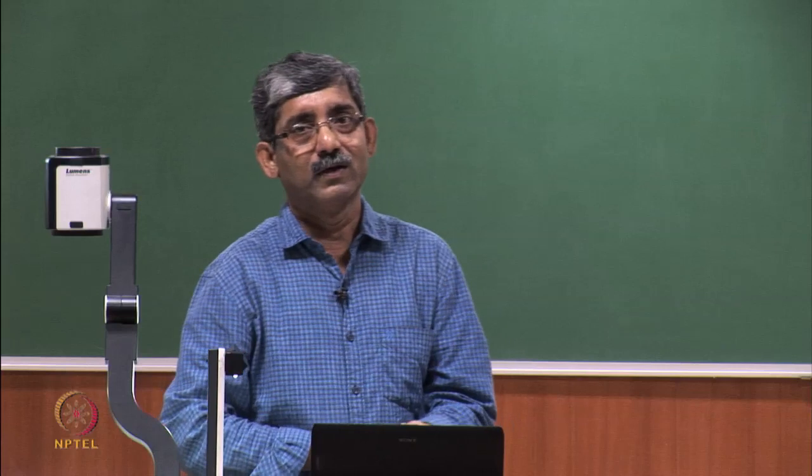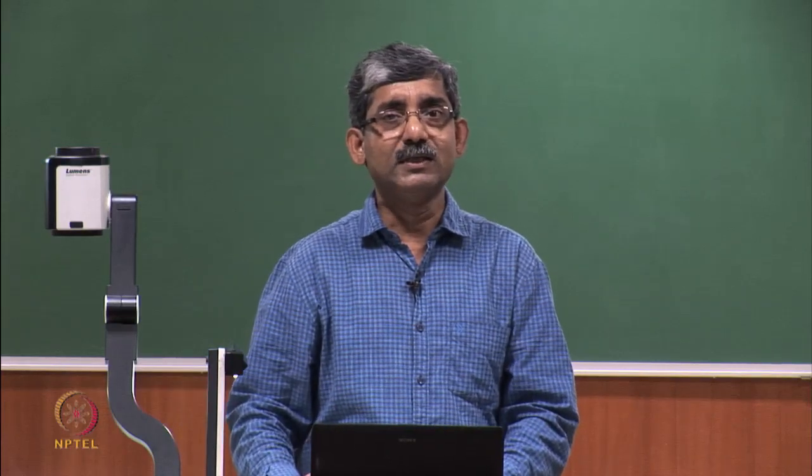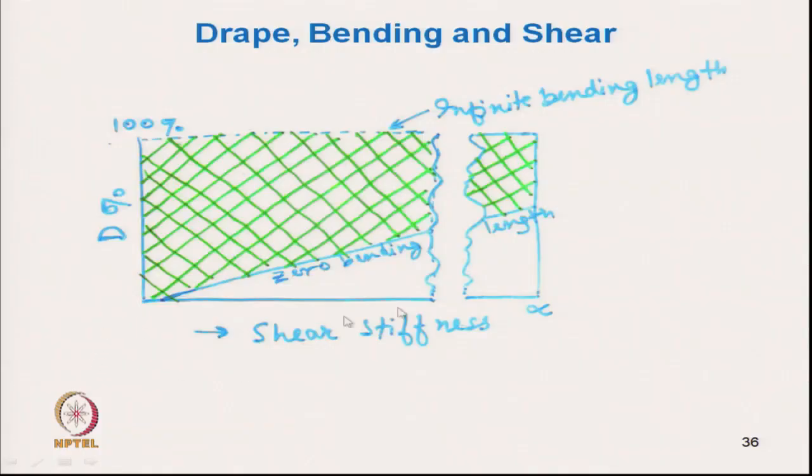Now, for 0 shear stiffness, if we increase the bending length, the drape coefficient will increase. Now, how do we achieve this type of situation?